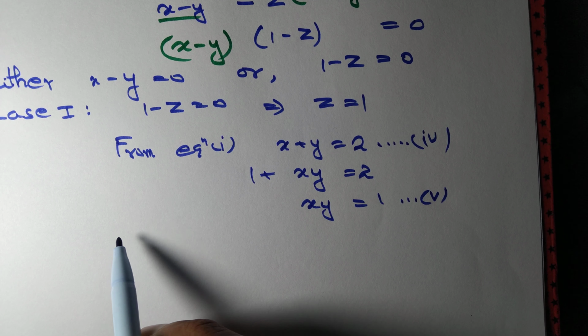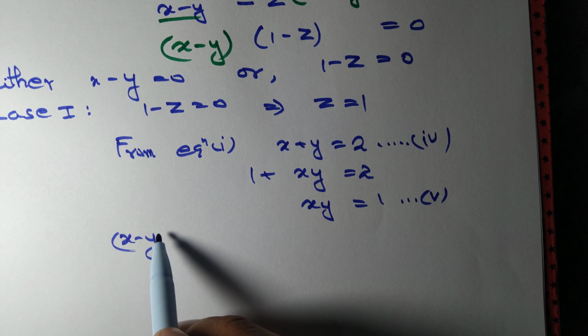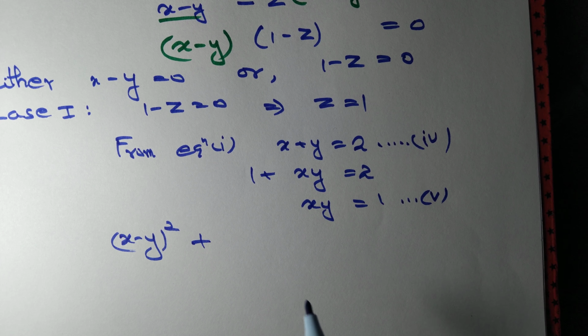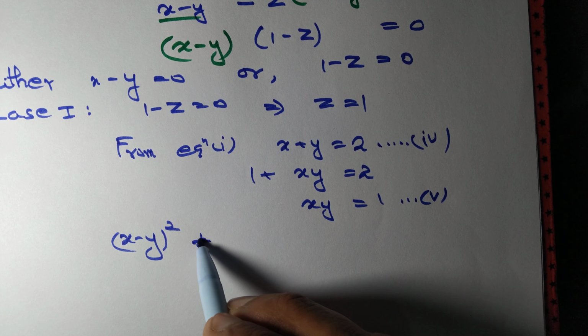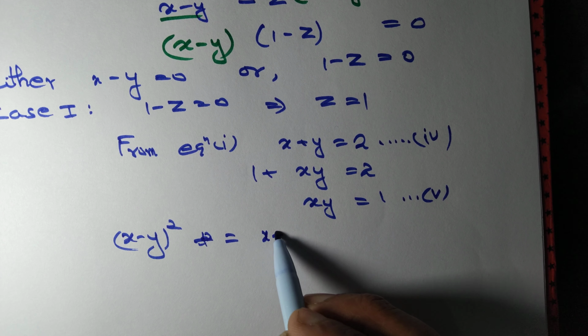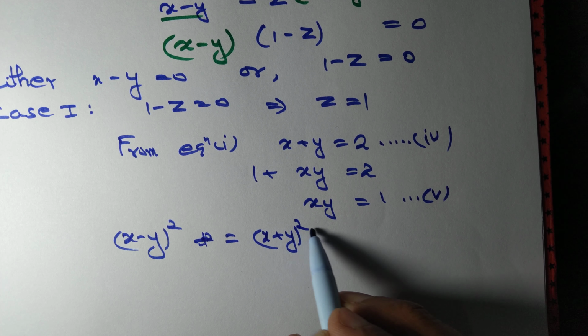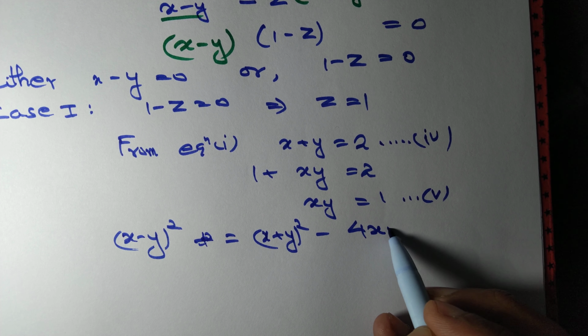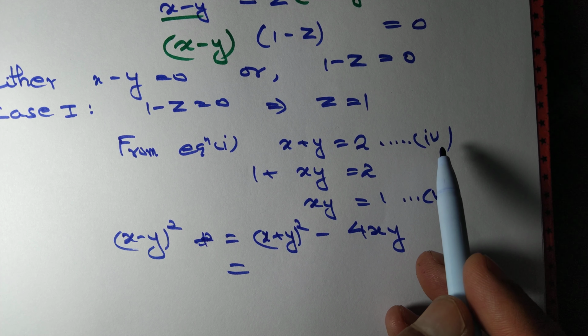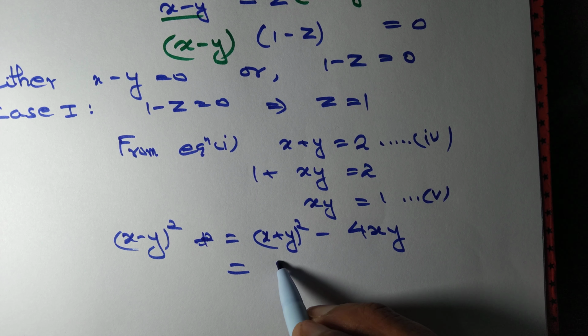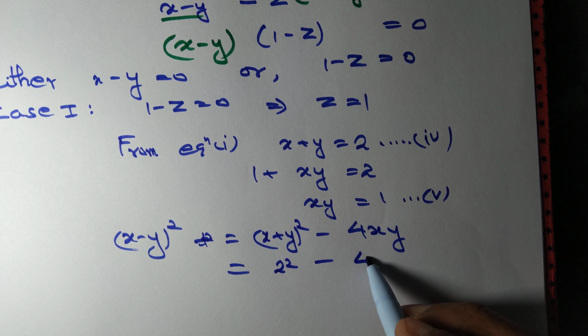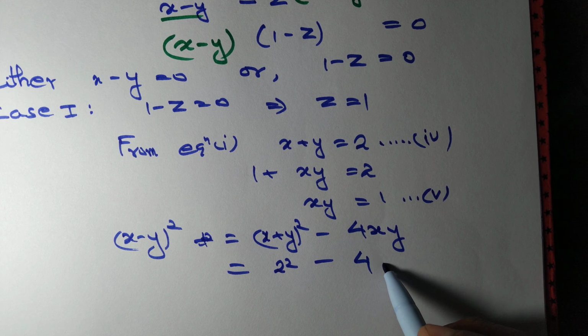Now we know the formula that (x minus y) whole square equal to (x plus y) whole square minus 4xy. By equation 4, we know x plus y equal to 2, so this is 2 square. And by equation 5, we know xy equal to 1.